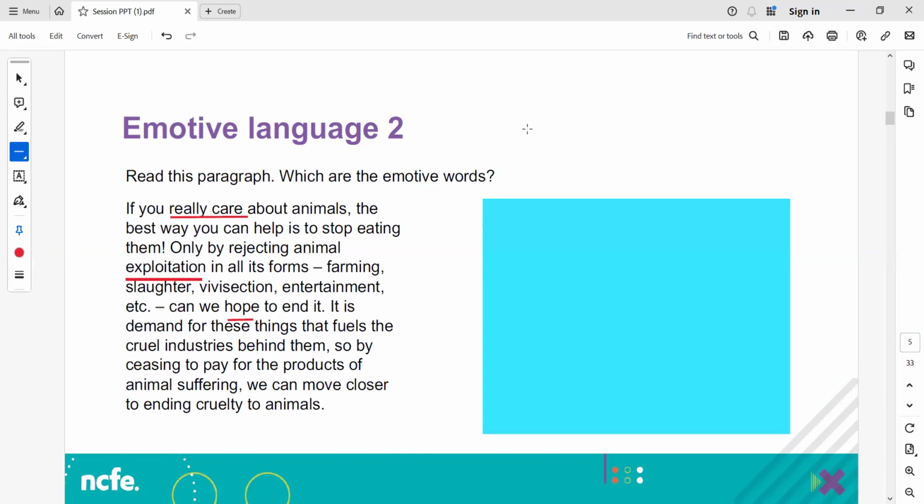So if you look at the paragraph, look at the adjectives, the words that describe the nouns. Suffering. Yeah, so we've got suffering, well done. Closer. I wouldn't say closer is emotive. Okay, so I'm just going to underline one more. We've got cruel. Demand.